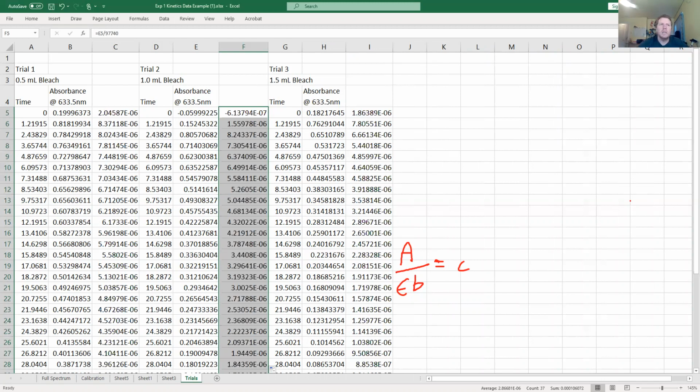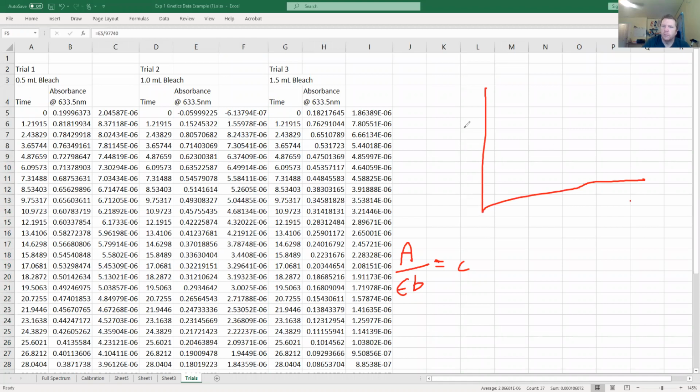Because what we need is data that shows us a graph that is, oh, that's absorbance versus time. We've got those values. We've got time over here, time over here, time over here. Or I'm sorry, not absorbance versus time. We want to look at concentration.